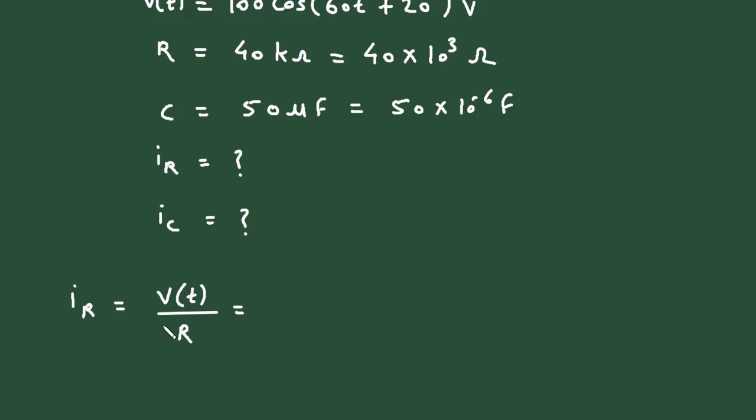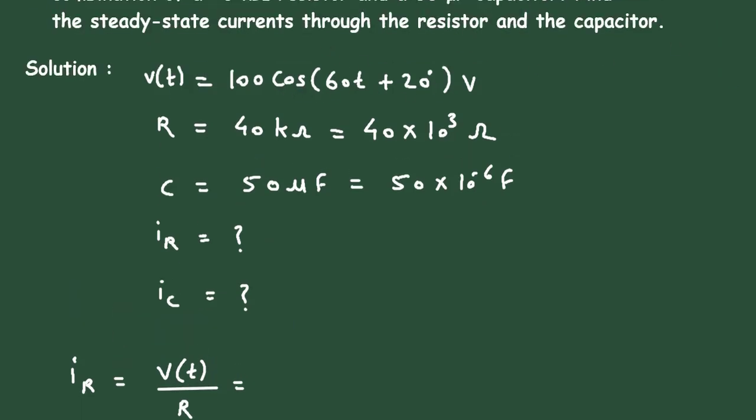Voltage is equal to current into resistance, or current is equal to voltage divided by resistance. So v(t) is this value, and the value of resistance is this value.